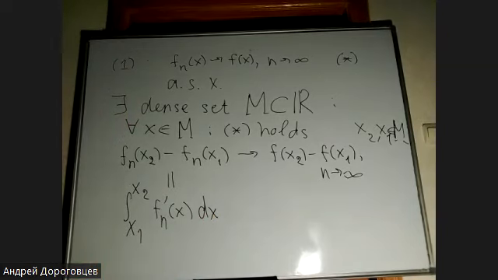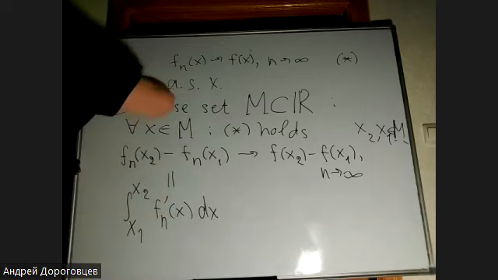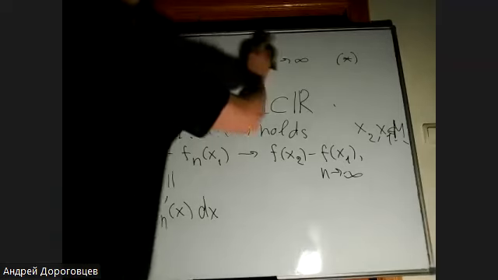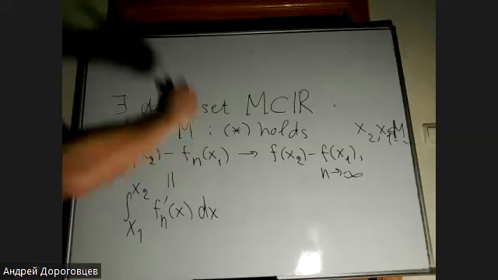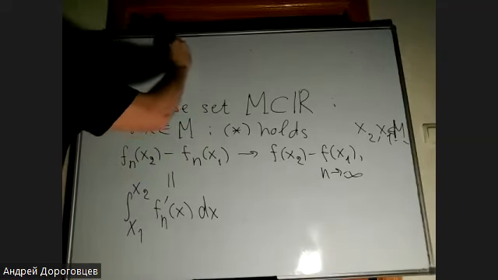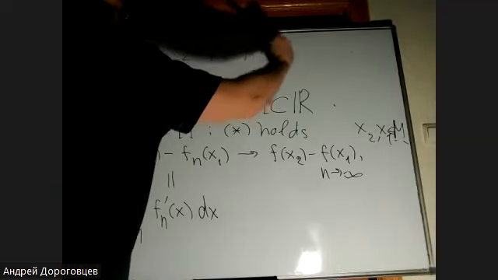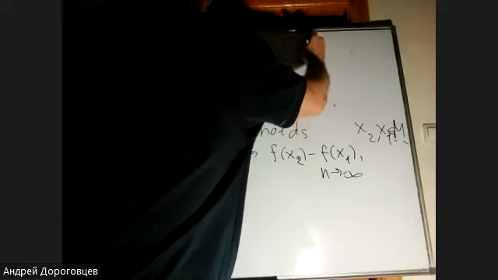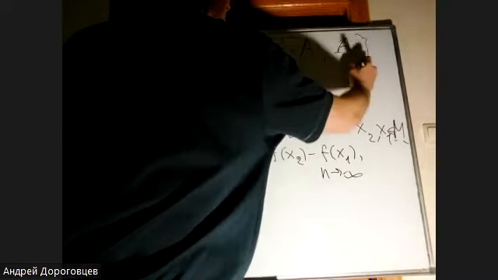Now I will suppose firstly that I consider our x1, x2 belonging to M intersected with some interval minus A to A, where A is positive.